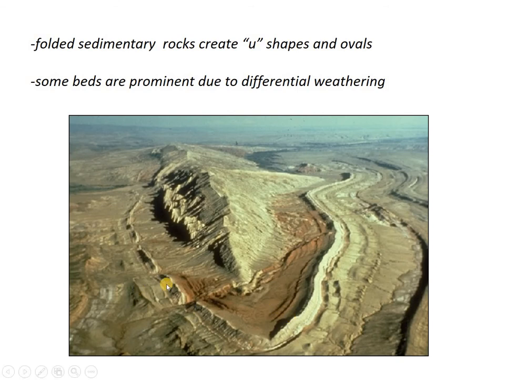Some of them are more erosion resistant, so some of them are sticking up and out, while others that were softer and more easily eroded are recessed or even covered. It's quite often in sedimentary terrains that weak erodible rock units are covered by sediment, whereas the erosion resistant ones are emergent.